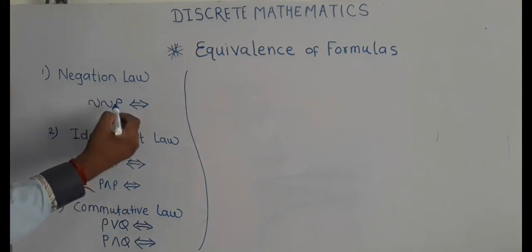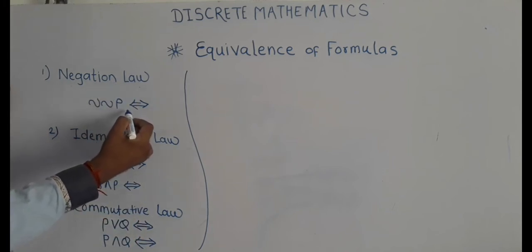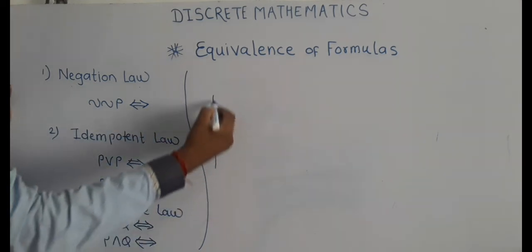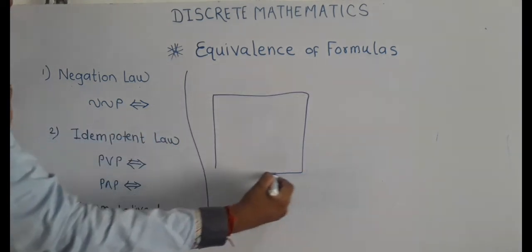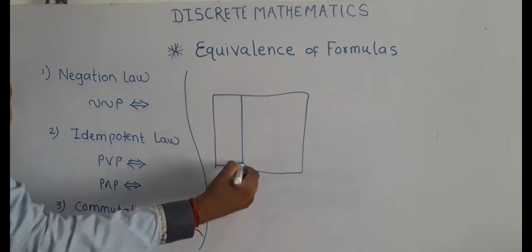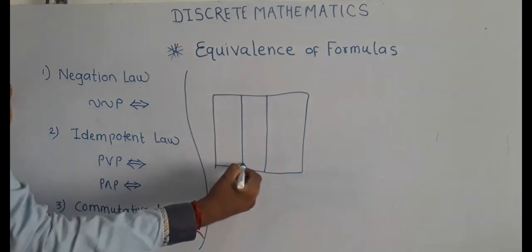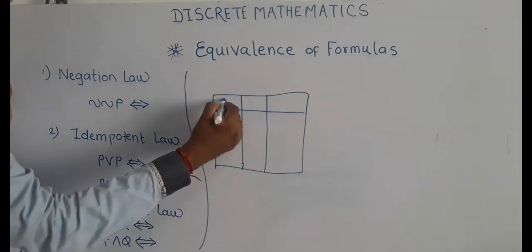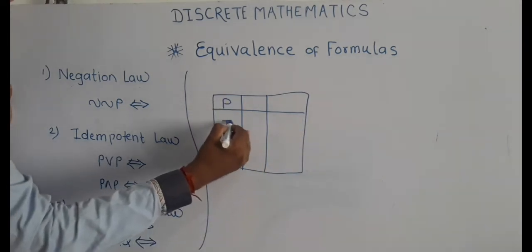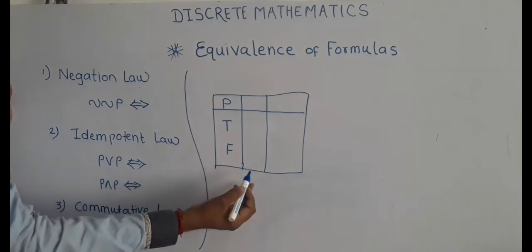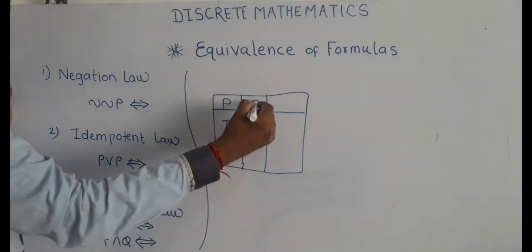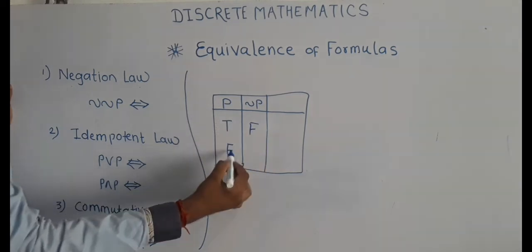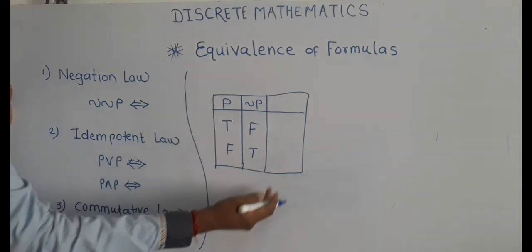The negation law is that not not P. We will find out the negation law. In not P, we have a single variable P. Suppose we design a truth table for this. If P is a single variable, then it may be true or it may be false. Then the negation of P is F if P is true, and if P is false, then it is true.